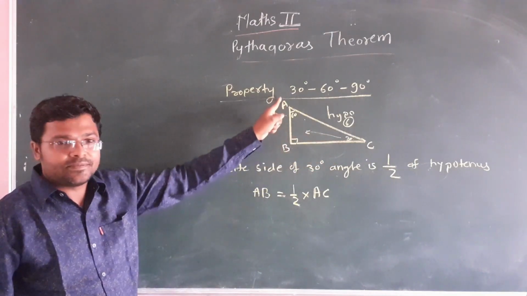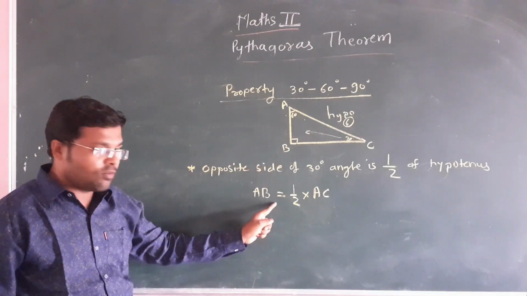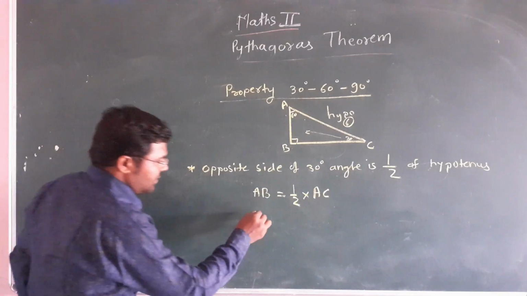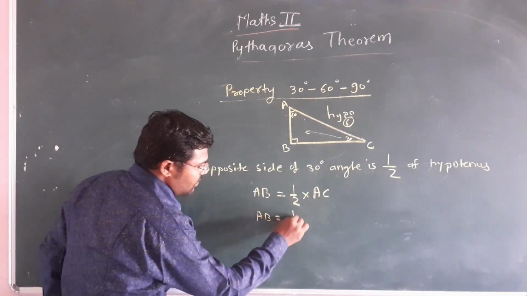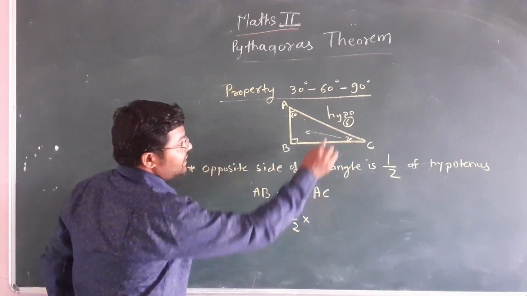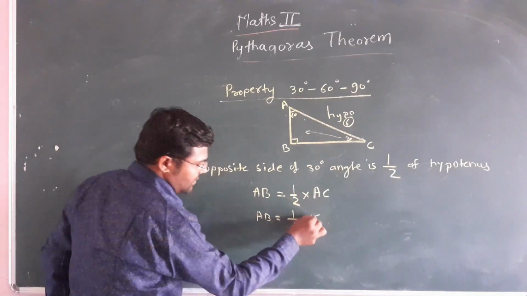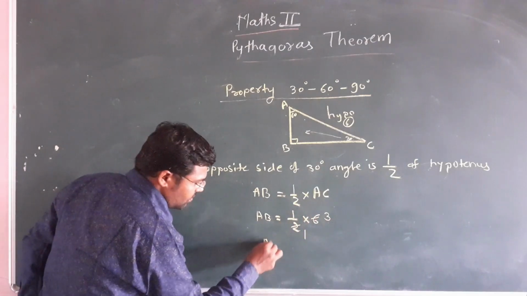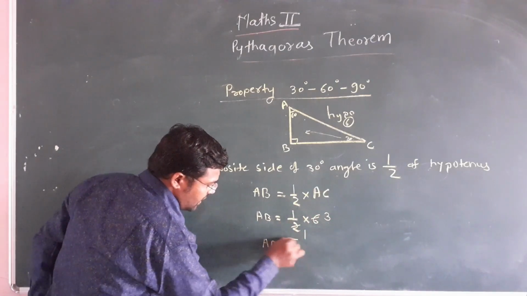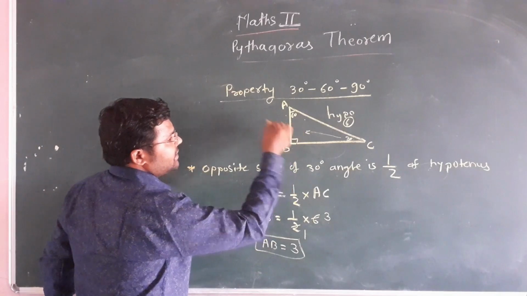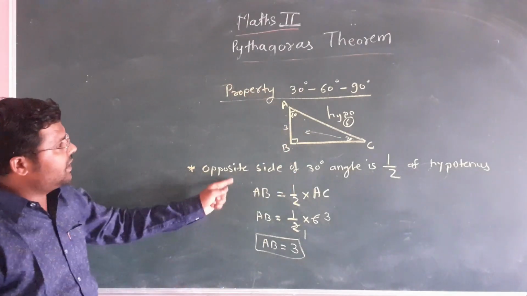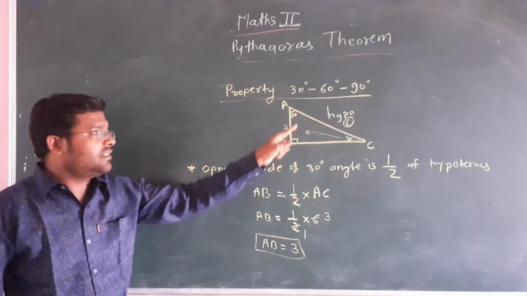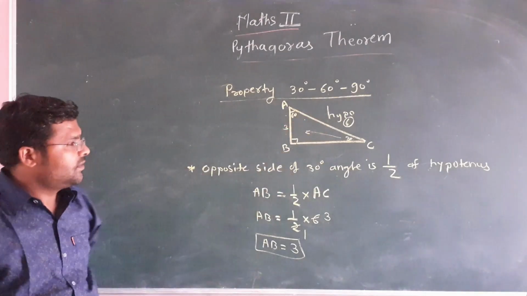We use this formula: opposite side of 30 degree angle is half of hypotenuse. So AB is equal to half of 6. 2 ones are 2, 2 threes are 6. So AB is equal to 3. This is the property of the 30 degree angle. Opposite side of 30 degree angle is always half of the hypotenuse.